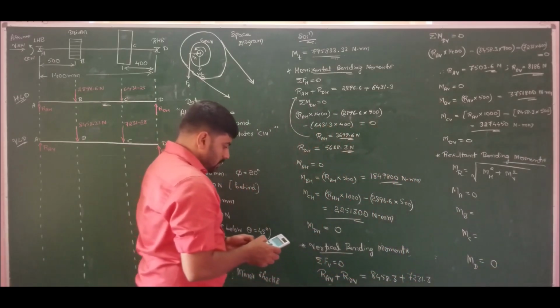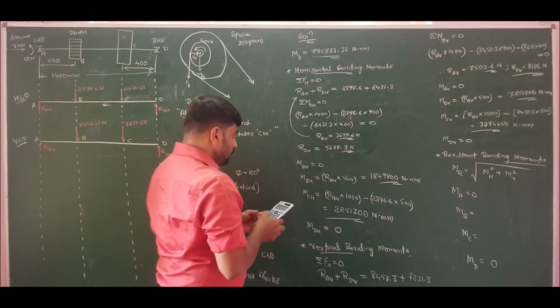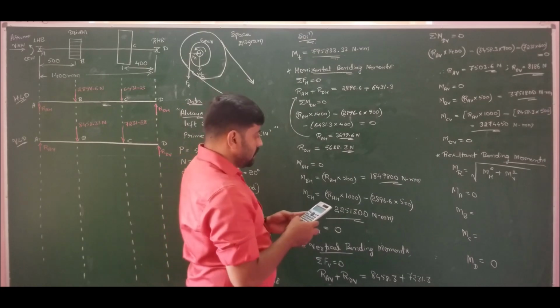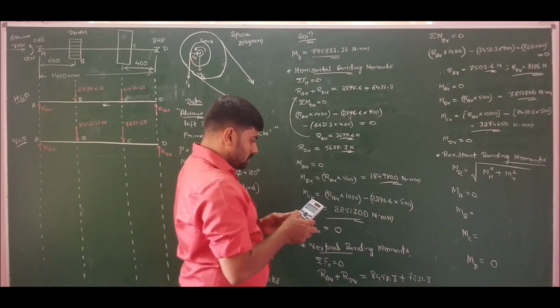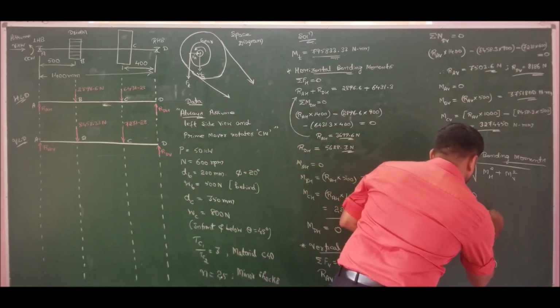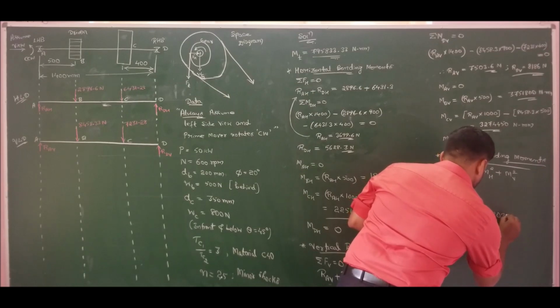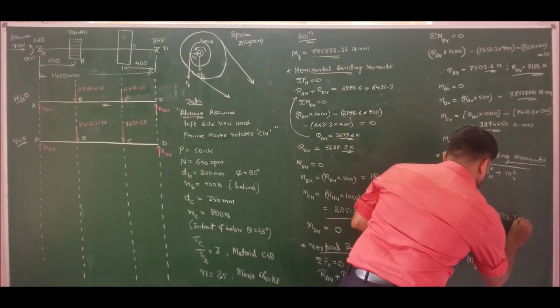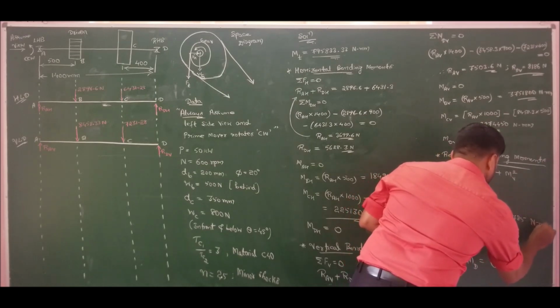Coming to moment about B, horizontal is 1849800 squared plus vertical is 3751800 squared, which gives us the value as 4183032.785 Newton millimeters.